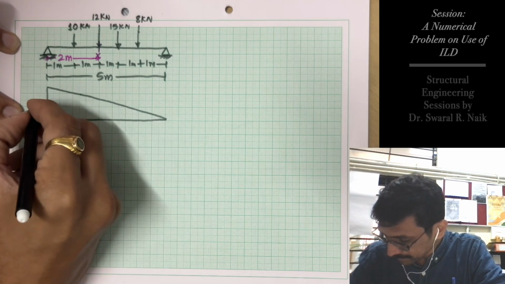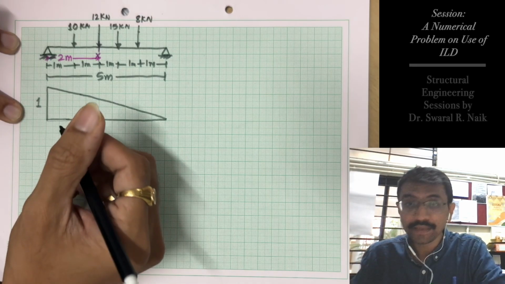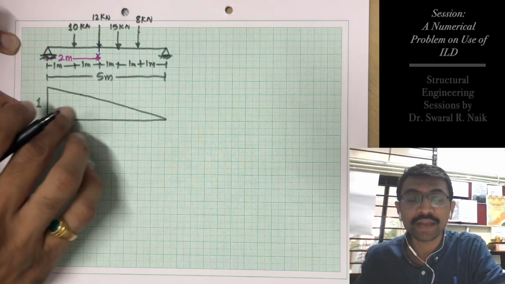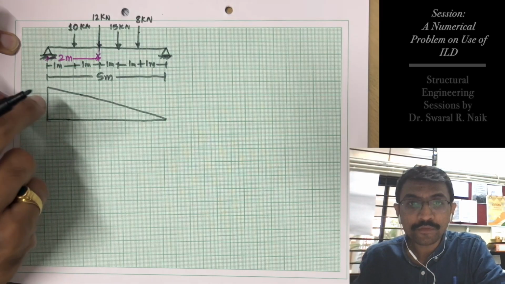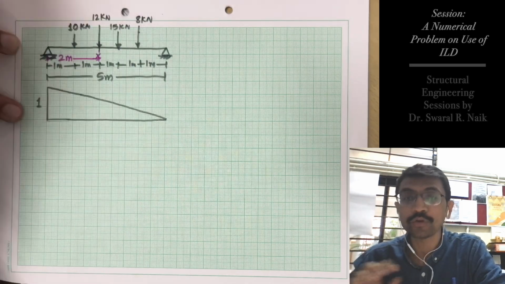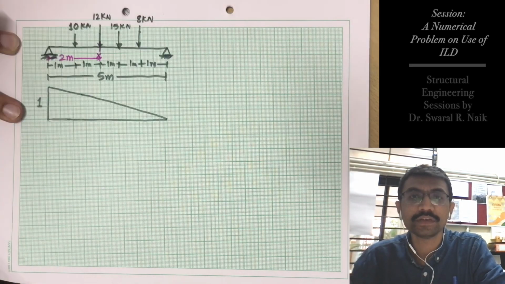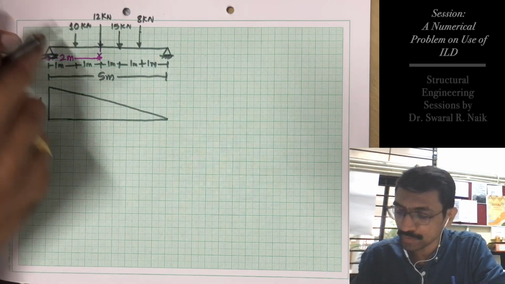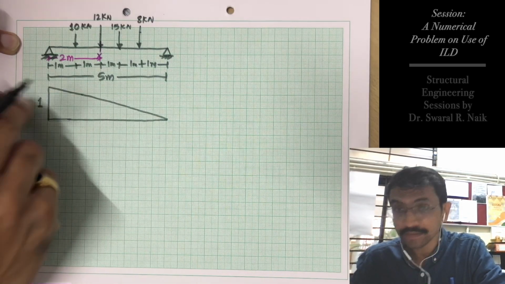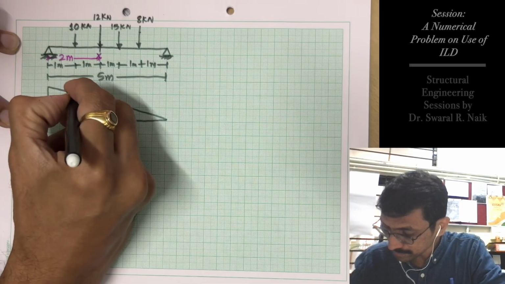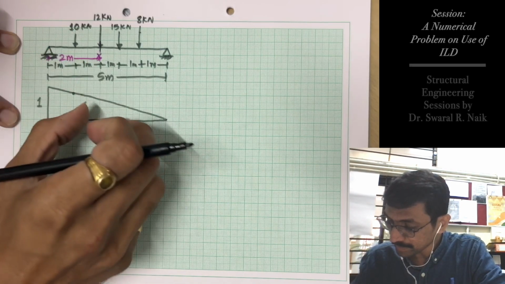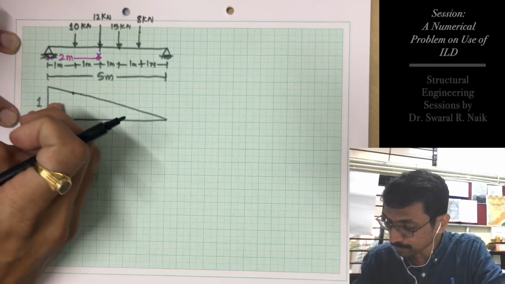this coordinate being 1. Now whenever we are solving a problem and drawing ILDs, what we need to do is to find out these ordinates corresponding to the load position, whether it is UDL or a series of point loads. We need to calculate these ordinates. Now this is a very simple triangle. This height is 1, and this is at 1 meter, 2 meter, 3 meter, 4 meter.